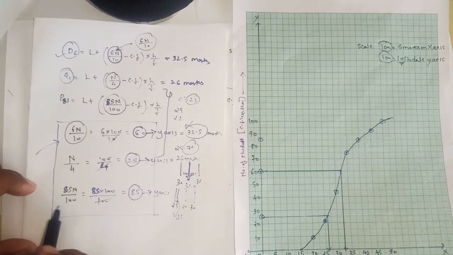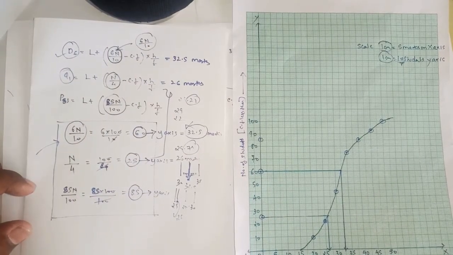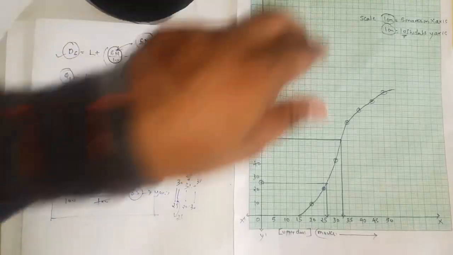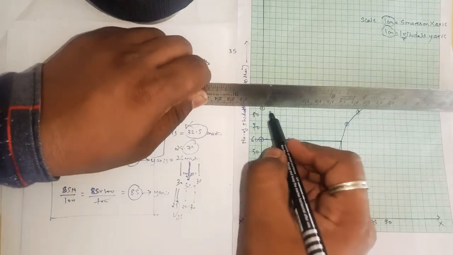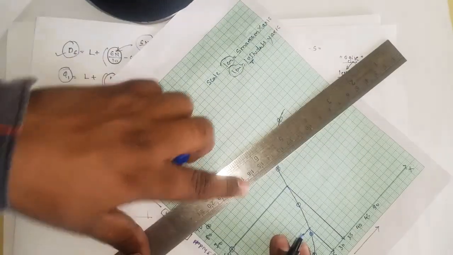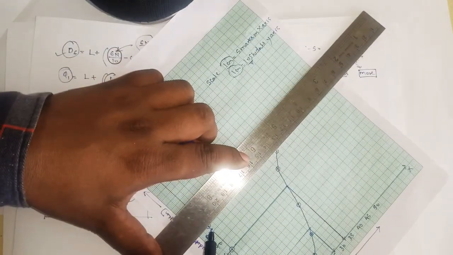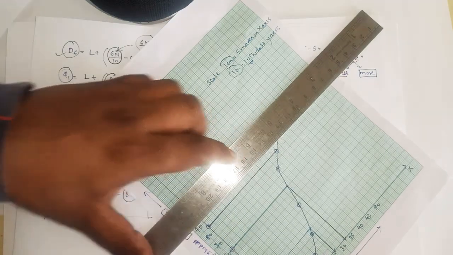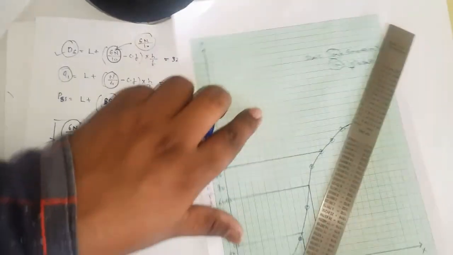And now we'll see the last one, 85. Where does it lie? It lies here. So you will draw a straight line from here, then you will draw one more line.